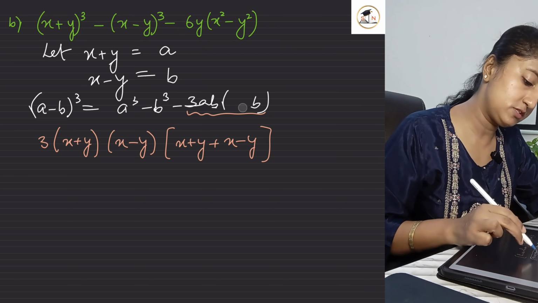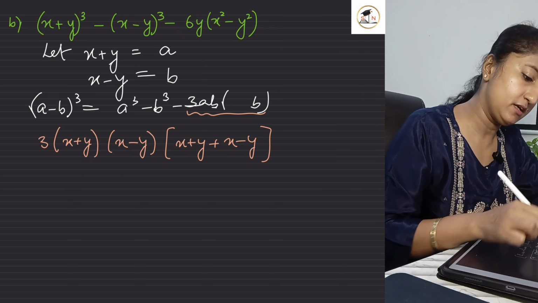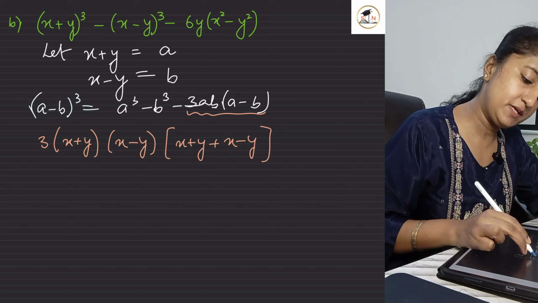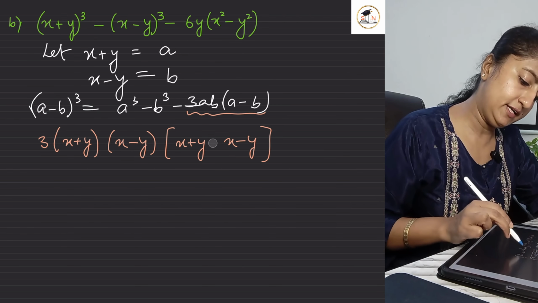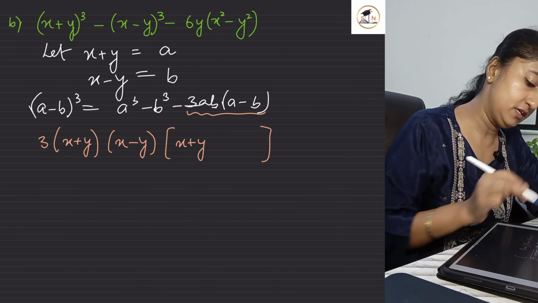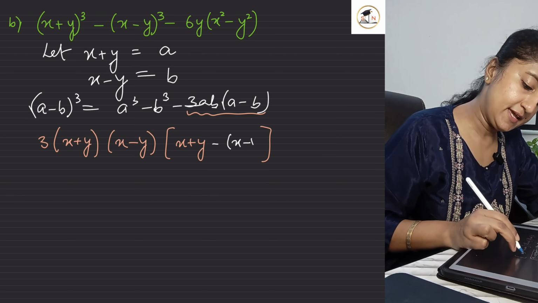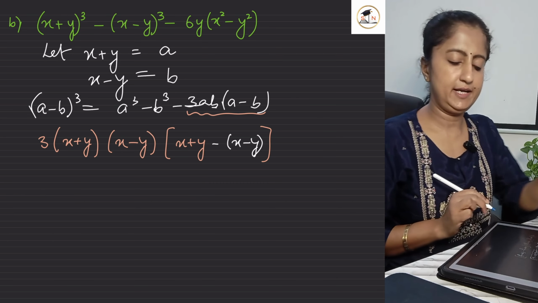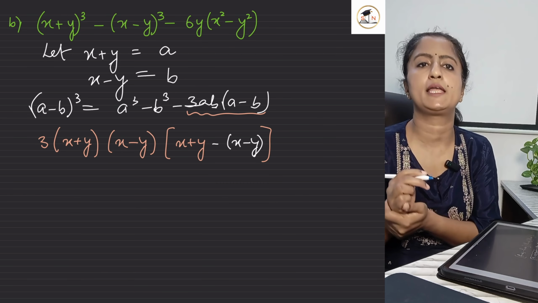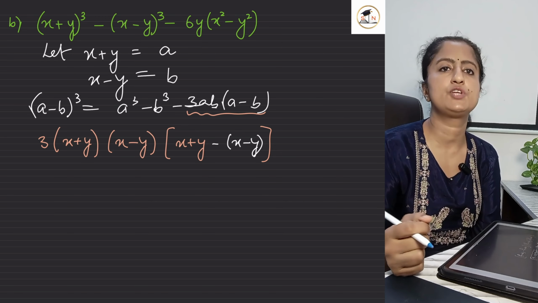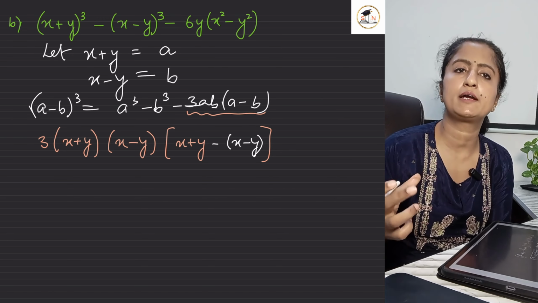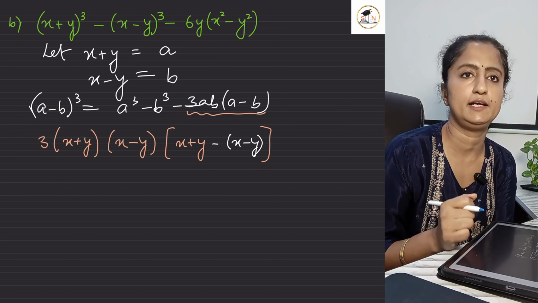Yeah, my bad. It was supposed to be minus over here, a minus b. So I need to correct this also: minus (x minus y), right? See how I have used the bracket because the sign needs to be changed. Without using brackets, I'm sure you will forget it.